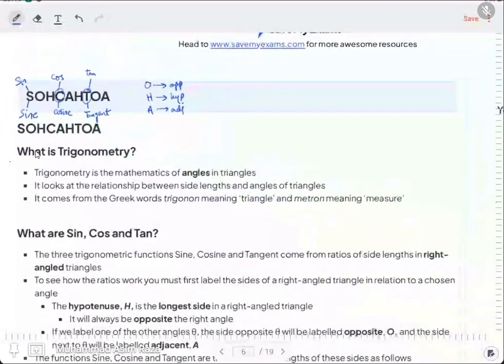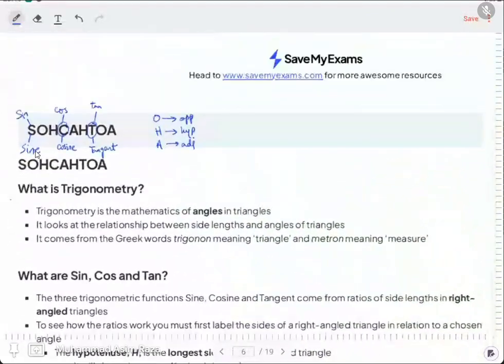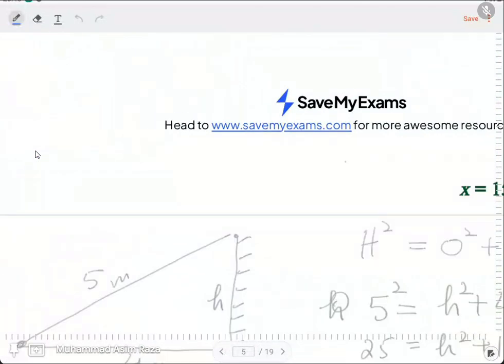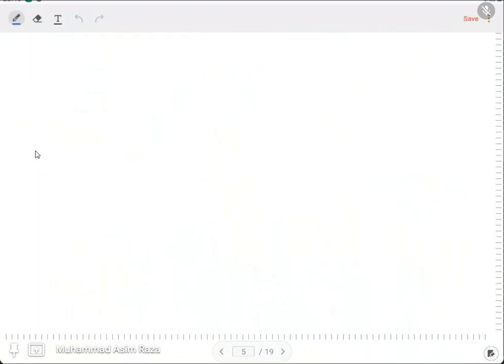So I will not take much time. Let's go into the triangle. Let's say I have this right angled triangle.